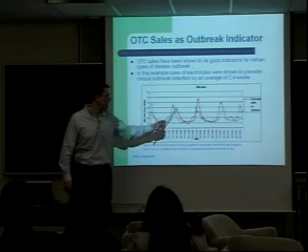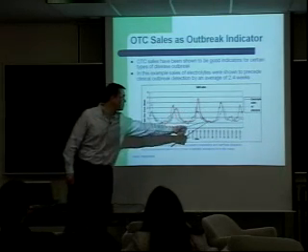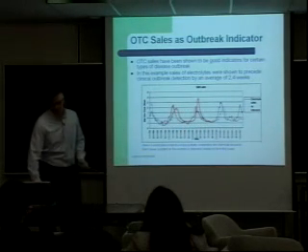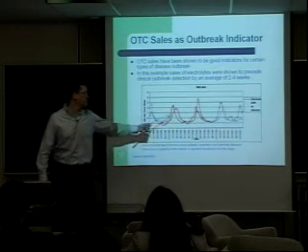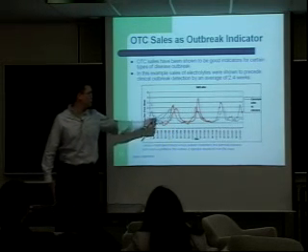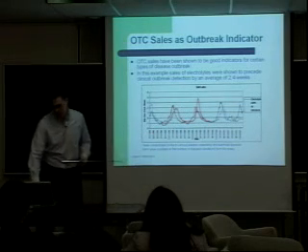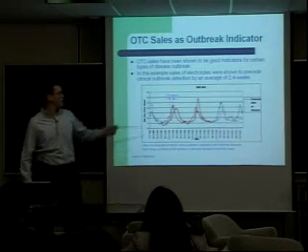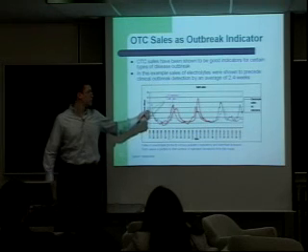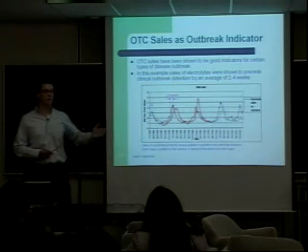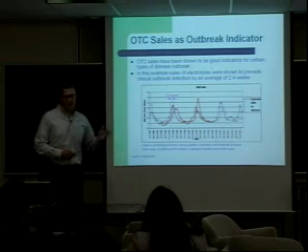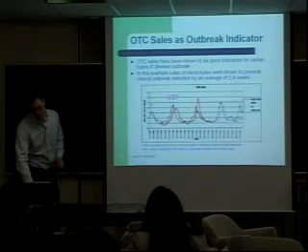So the red line indicates the actual clinical diagnosis over time, and the orange curve represents the sales of electrolytes. So you can see that there is some sort of correlation, or seems to be at least. This particular study found that on average across a number of different cities, there was almost 2.5 weeks of warning based on the electrolyte sales that there was something happening in the population.